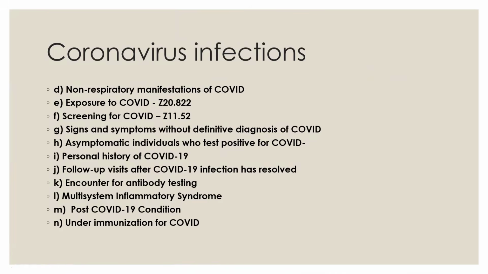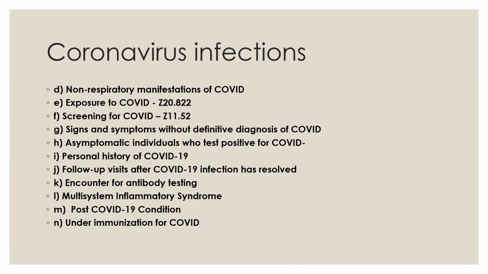We have several other guidelines that we're going to breeze through for this particular screen. Non-respiratory infections, again, U07.1 followed by whatever that manifestation code is. When there is exposure to COVID-19, Z20.822 would be the appropriate code choice.